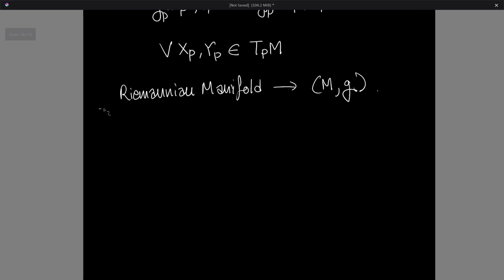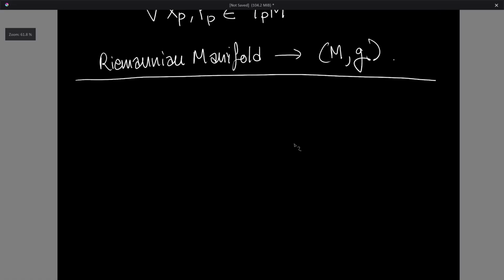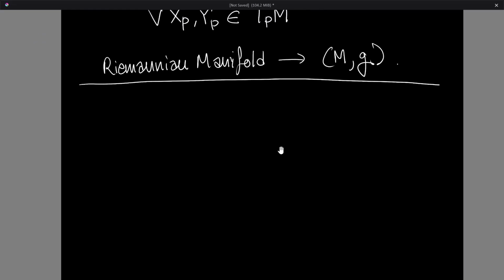So this is a little bit of fluff that I'm going to talk about right now. It's not necessary for the overall picture, but since we talked so much about how we would need metric spaces in order to define lengths and angles and such things, I wanted to talk a little bit about how the metric is used to define lengths and angles really quickly. When you have a metric, you can define something called an inner product on vectors.